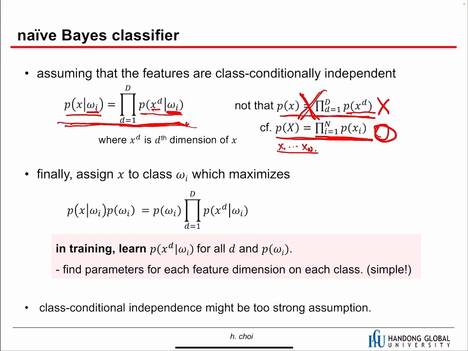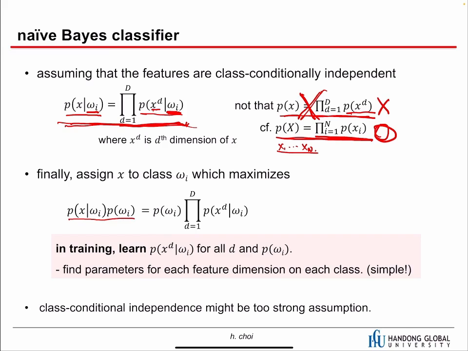The reason why I explain these three different things on the same slide is that many students are confused with these three things. They are different stories. And finally, assign x to the class omega i which maximizes this one.